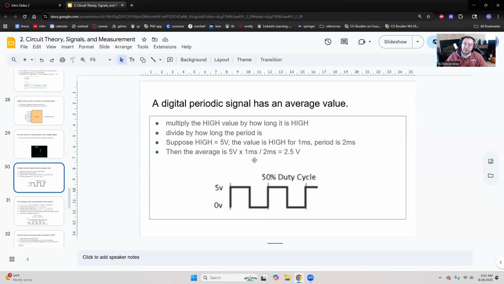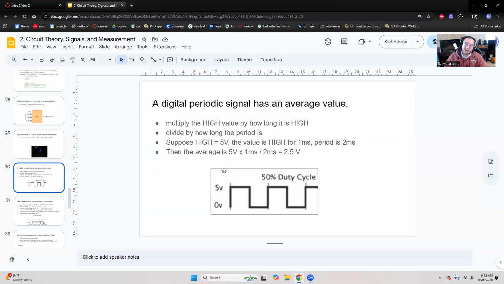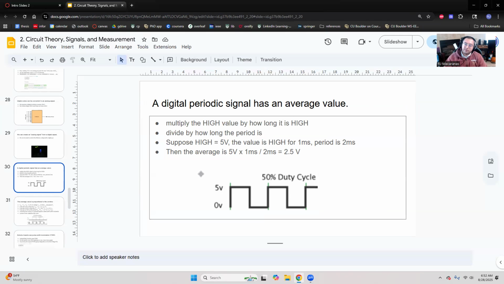So if we suppose that the period is 2 milliseconds, we're high for half of that time, 1 millisecond, and the high voltage is 5 volts, then you end up with an average value of 2.5 volts.